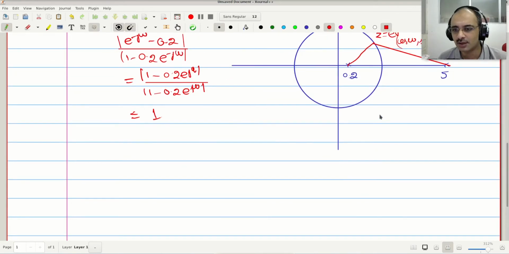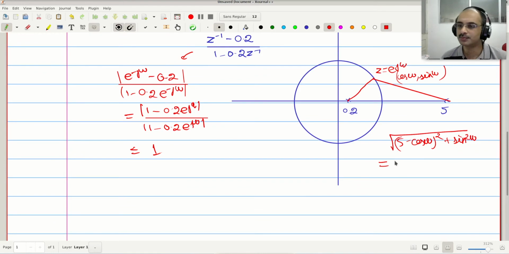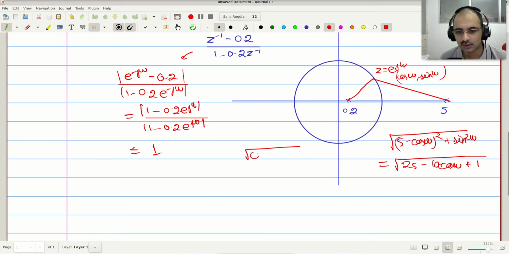It's actually the root of 5 minus cos omega, the whole square, plus sine square omega, which is equal to root of 25 minus 10 cos omega plus cos square omega plus sine square omega is 1. Let's find this distance. So this distance will be root of cos omega minus 0.2 the whole square plus sine square omega.